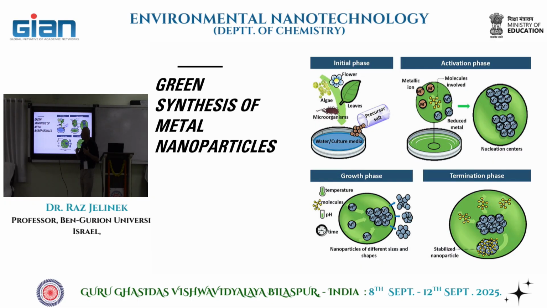In order to get these aggregates, you need the metals not to be ions, but to be zero oxidation state, to be elemental. So you need to give them electrons. The electrons come from here, from the extract. So you have ions, the ions get electrons, then they aggregate, and these aggregates are the metal nanoparticles.